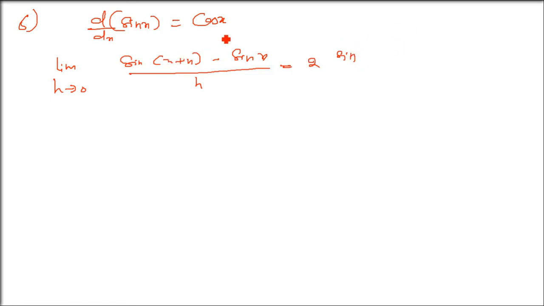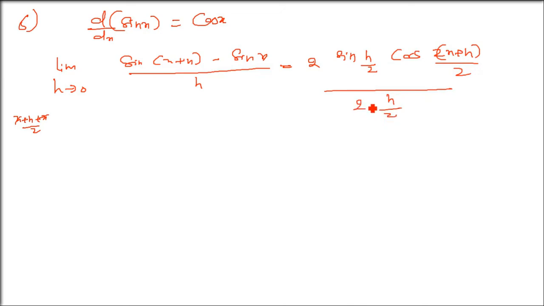So 2 sin (c minus d) by 2: x plus h minus x, x gets cancelled, it will be h by 2. Sin h by 2. And cos (c plus d) by 2: x plus h plus x by 2, so 2x plus h by 2. Now we already have an h in the denominator, so divide by 2, multiply by 2.